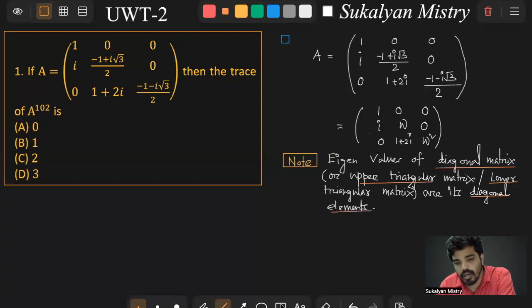Okay. So here the diagonal elements are 1, omega and omega square. So therefore the eigenvalues of A are 1, omega and omega square, right?